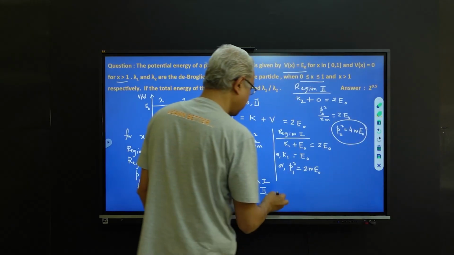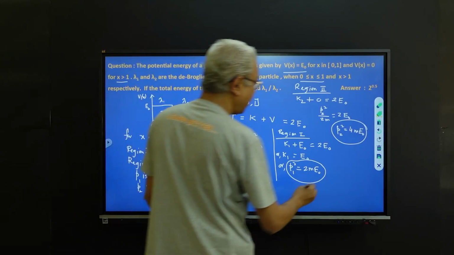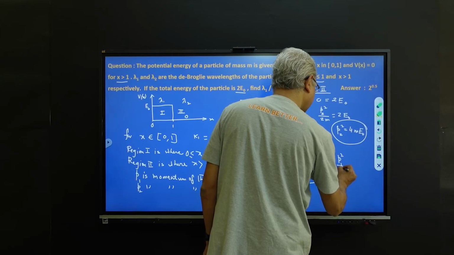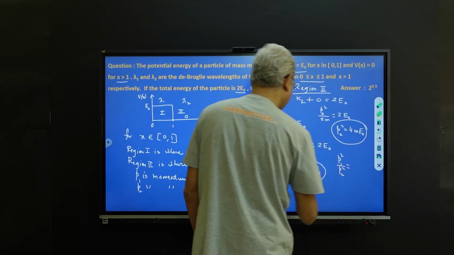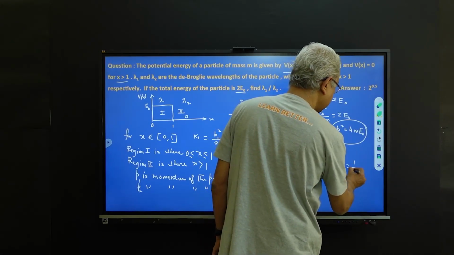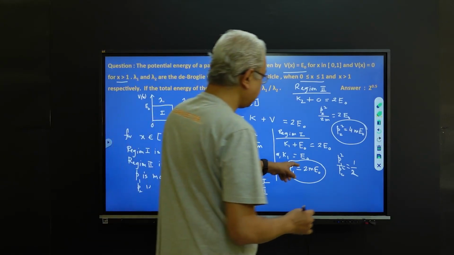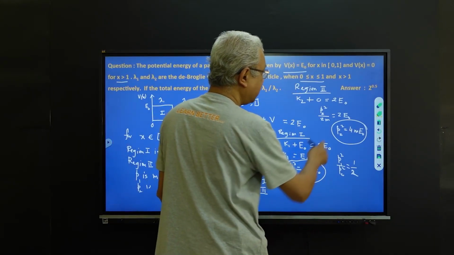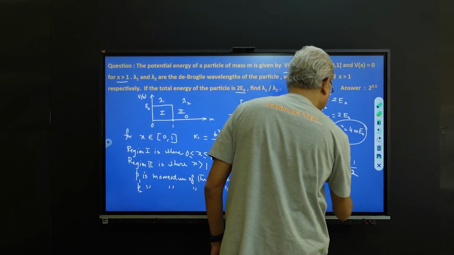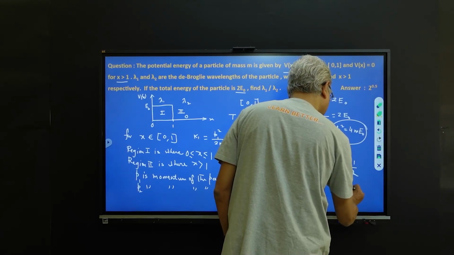So this is one relation, this is another relation. So P1 square by P2 square is half. P1 square is equal to P2 square by 2. Okay. So P1 by P2 is 1 by root 2.